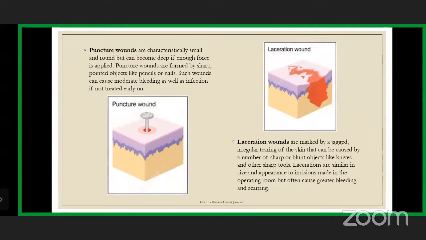Moreover, we have more vocabulary, for example, sharp or blunt objects, jagged, or tearing. That kind of words are the ways that maybe some patients can describe how the wound was produced.